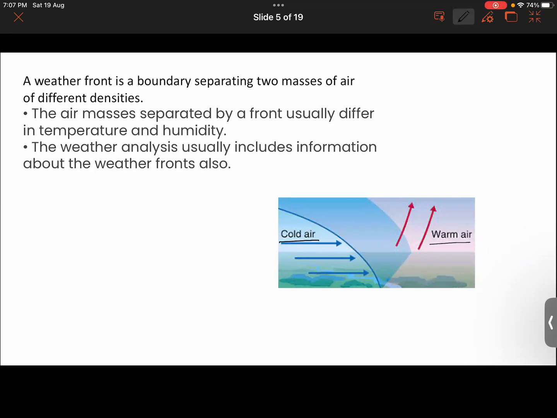My question is, which air, cold air or warm air, will have more humidity? Sundus and Vaiga, please do answer this question.